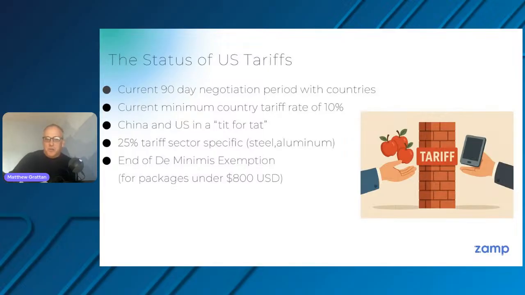If you're selling into the U.S. and you're getting purchases from my daughter, hopefully it's under $800. You're bypassing those tariff laws. Well, that's been ended. They've ended the de minimis exemption. I think that has pretty significant impact across commerce and international sales in the U.S.